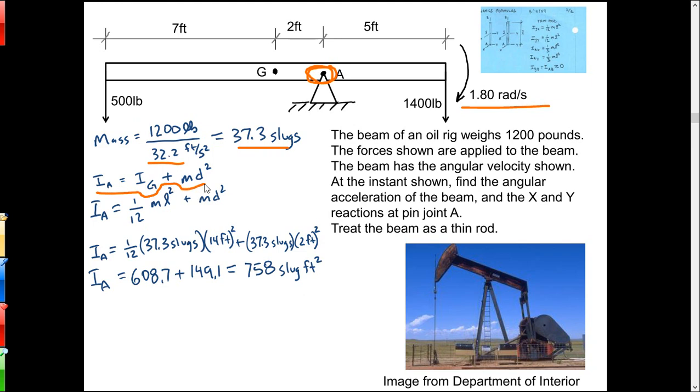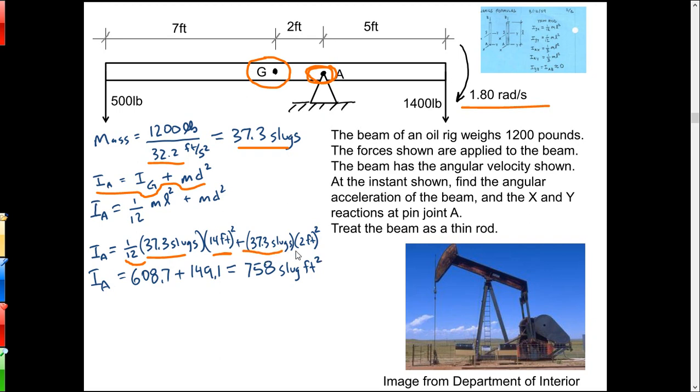So that'll be IG, which for a slender rod is 1/12 ml squared. Then plus the mass times the offset distance squared. So I got 1/12, the mass times the length of the rod squared. That would get us the moment of inertia about G. But the thing isn't rotating about G, it's rotating about A, so I'm going to use IA.